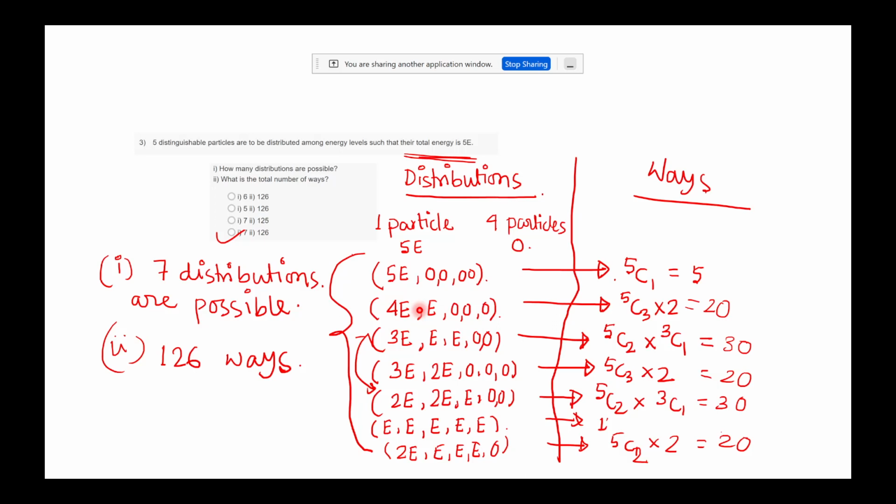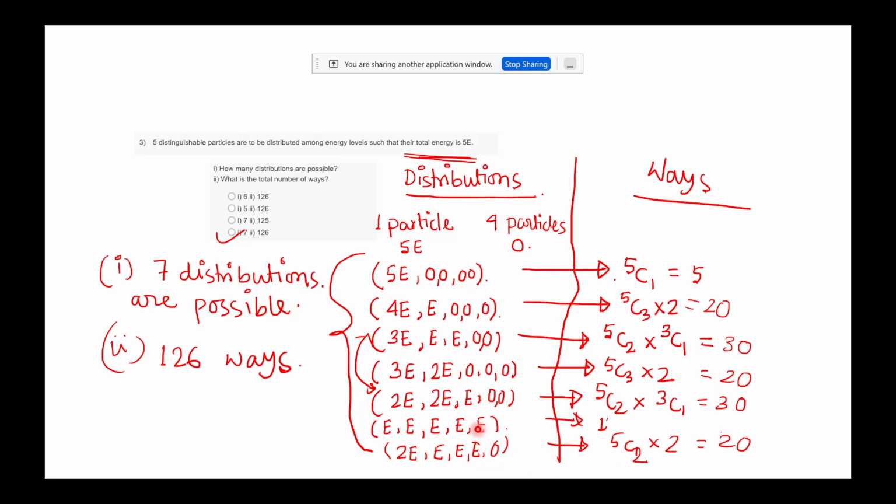Is it clear? Okay, so you just took that out of 5, 2 have the same energy, so 5C2, and 2 times they can interchange, so 5C2 into 2. Out of this, 3 have the same energy. So choosing 3 from 5 or choosing 2 from 5 is the same thing, right?